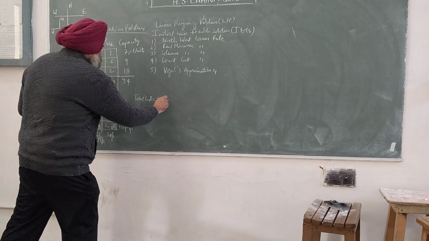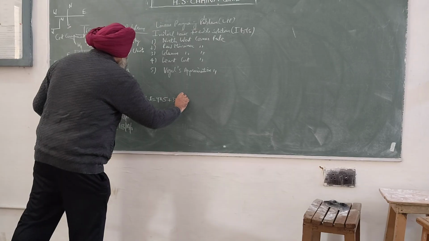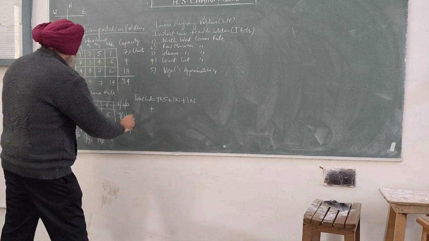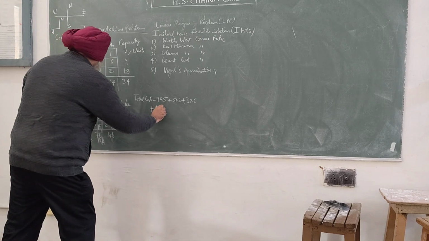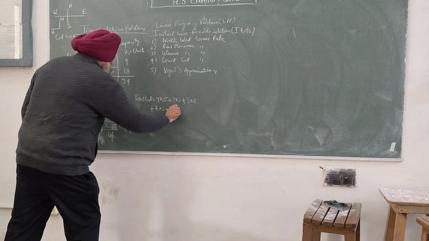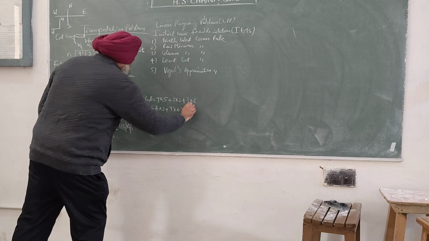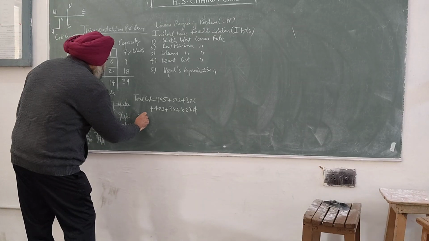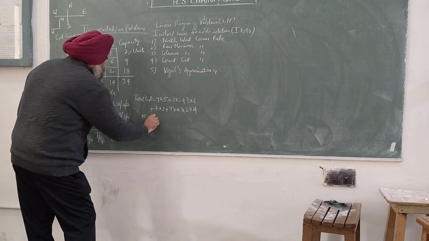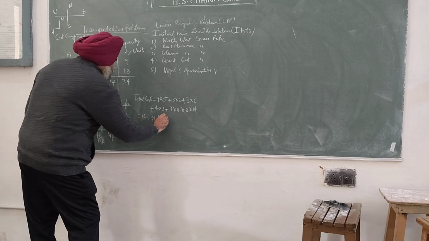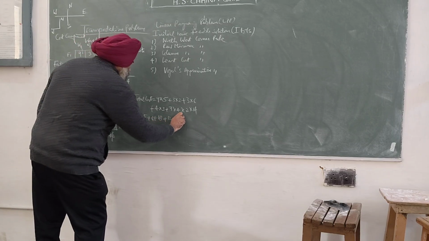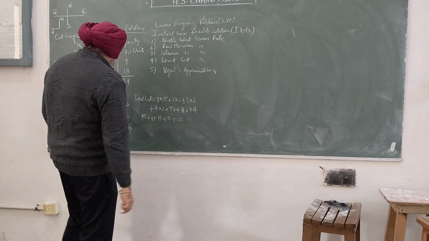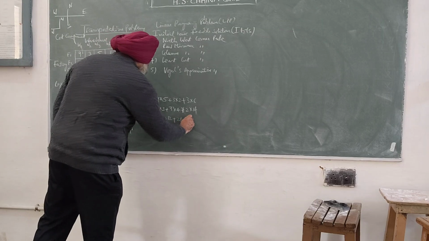9 into 5 plus 3 into 2 plus 3 into 6 plus 4 into 3 plus 7 into 4 plus 2 into 14. This is 45, this is 6, this is 18, 12, 28, and this is plus 28.